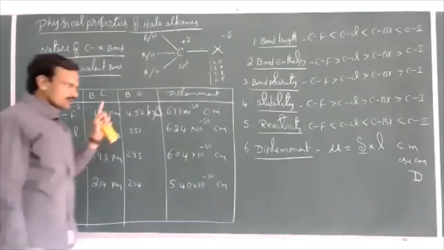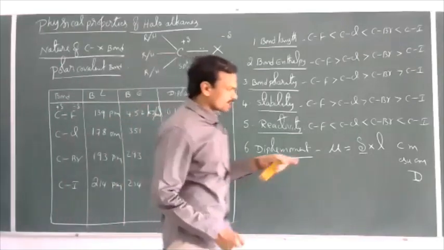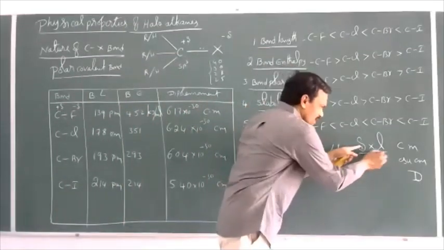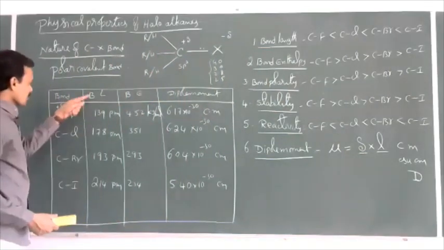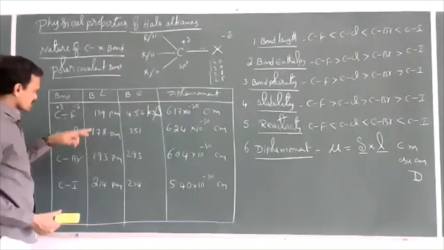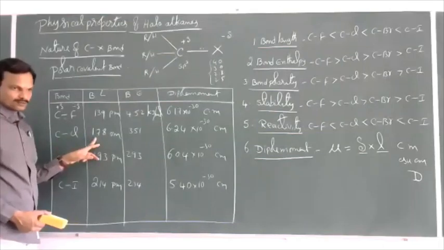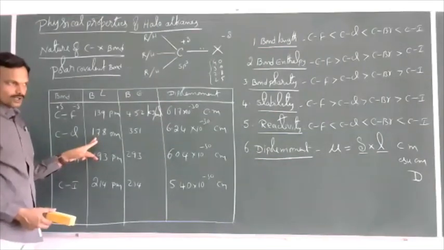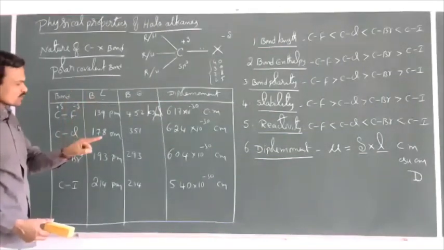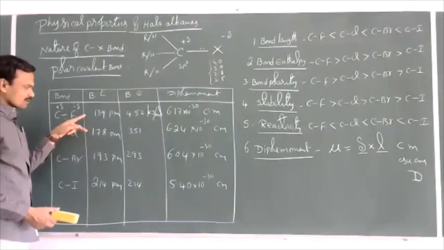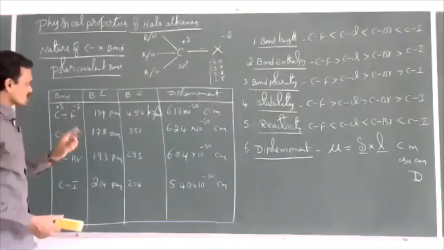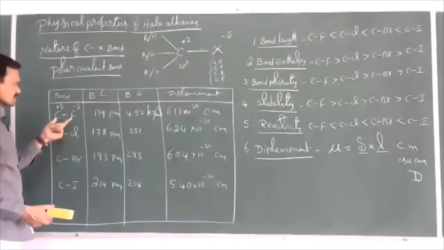But dipole moment depends not only on charge but also on length. In terms of length, the bond length of C-F is less than the bond length of C-Cl. So the product of the magnitude of charge and bond length, the combining effect of these two, is more for the C-Cl bond, not for C-F.